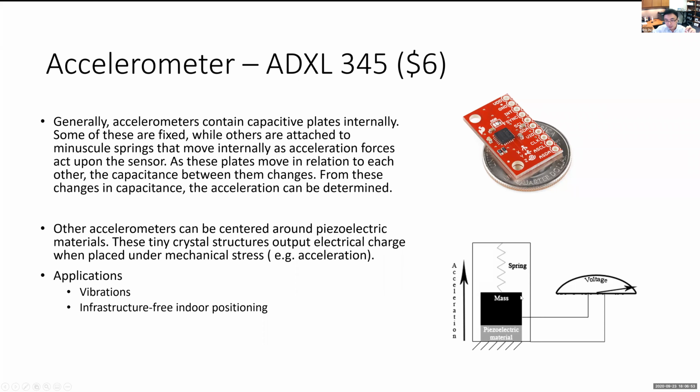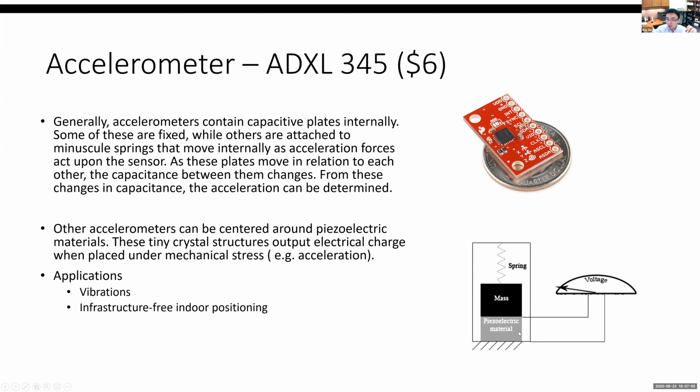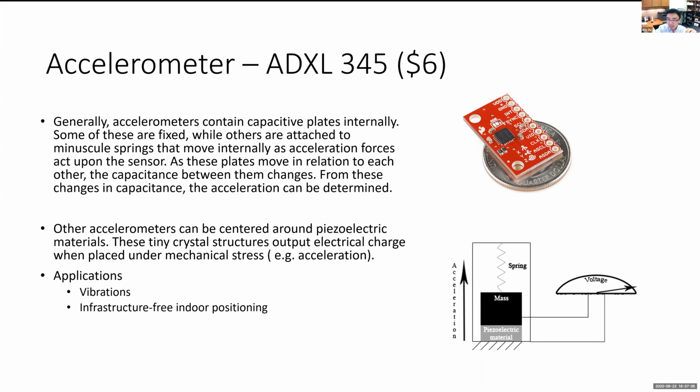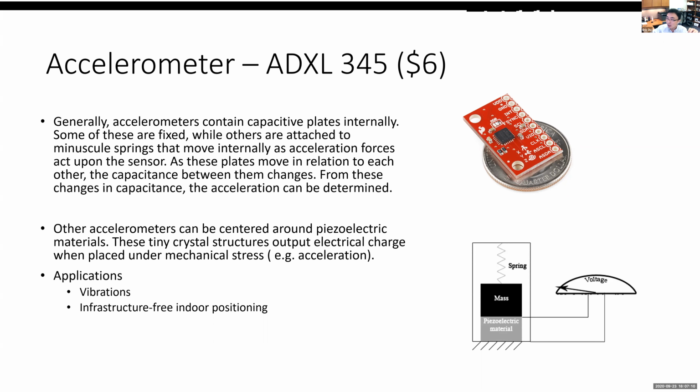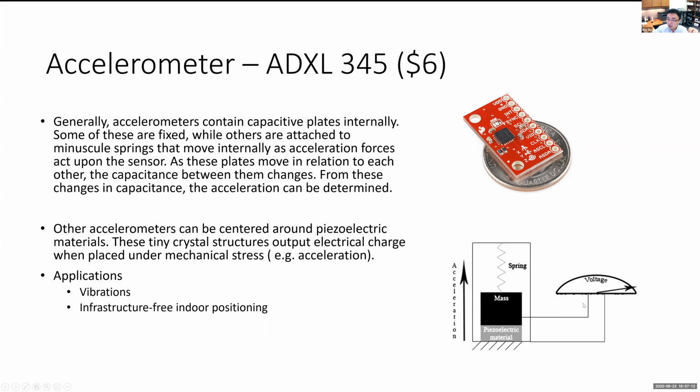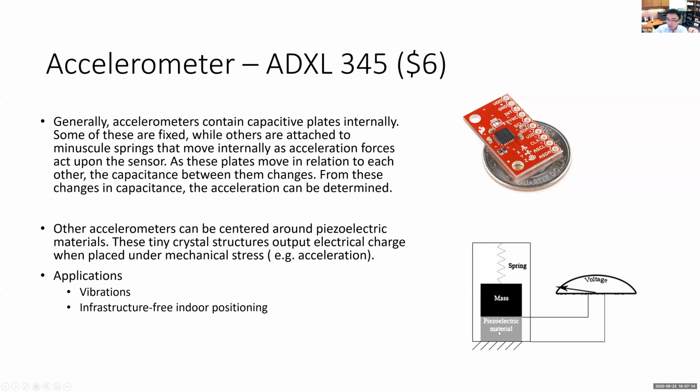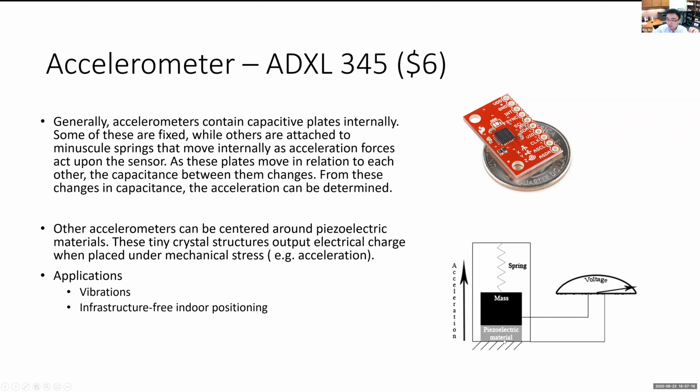Inside this chip, there's a very small mass connected to a very small spring. And this is a piezoelectric material. Piezoelectric material means if the density of that changes, the conductivity will change. So if I hook up something that can measure the voltage going through this piezoelectric material, then I can tell how much the density of this material changes.